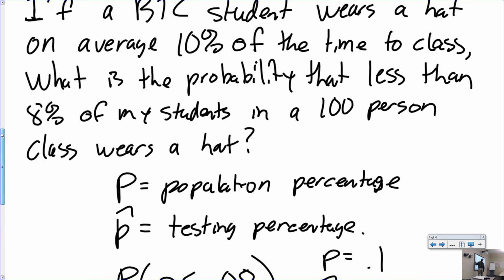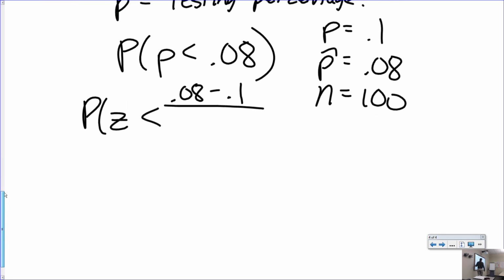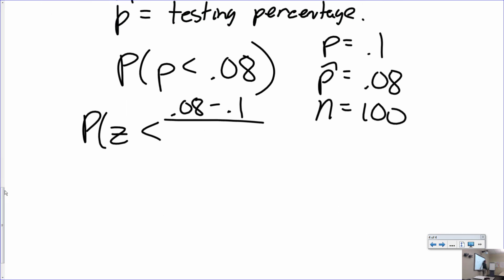This looks weird, p times 1 minus p, but just realize those are just numbers. If p is 0.1, what is 1 minus p, folks? What's 1 minus 0.1? I often tell students to figure out what 1 minus p is so that you don't have to type that into your calculator because that makes it kind of a pain.